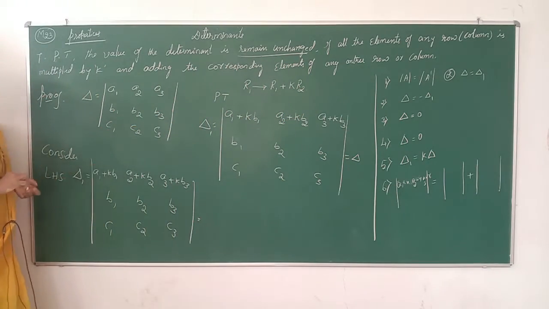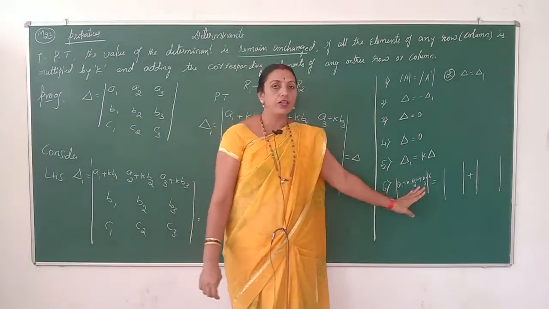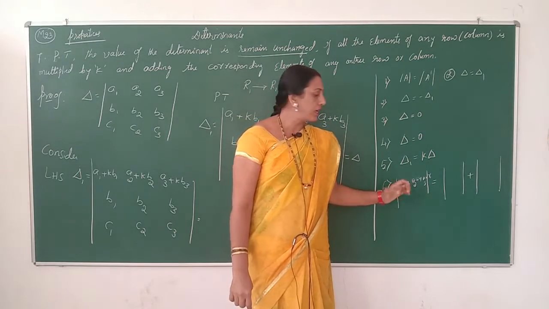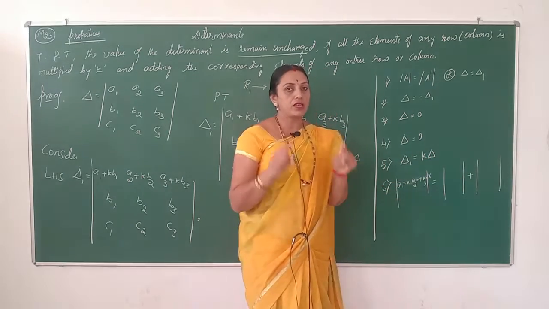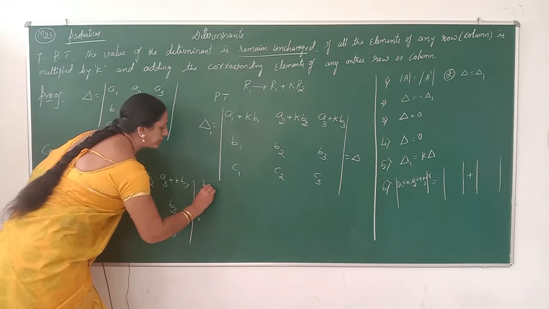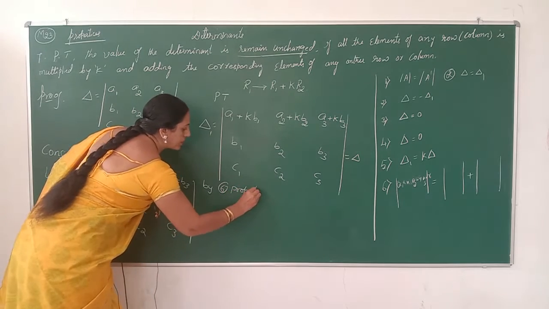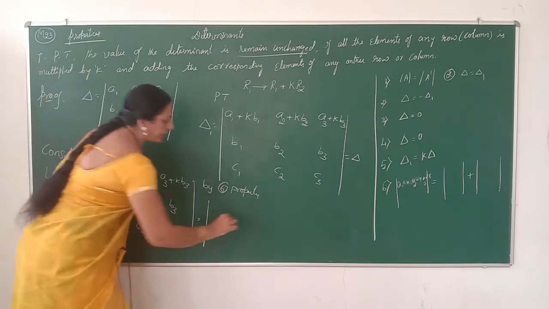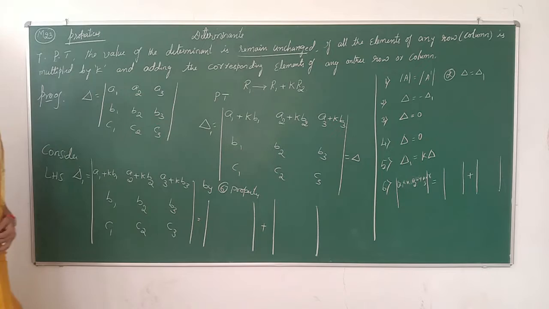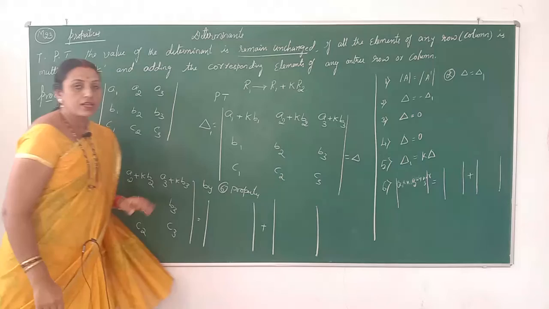Now consider the sixth property: if all the elements of any row or column are a sum of two elements, then the determinant can be expanded as the sum of two determinants. By using the sixth property, such a determinant can be expanded as the sum of two determinants, and the elements are distributed between the first and the second determinant.